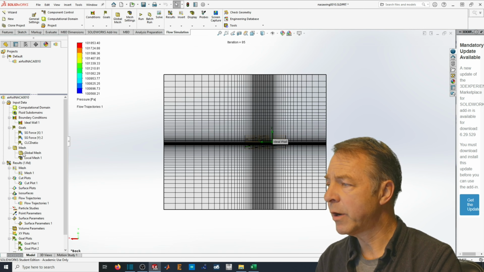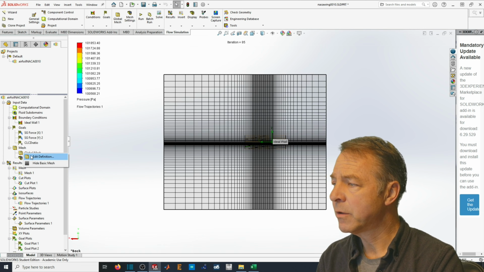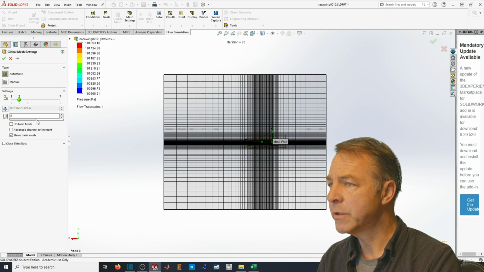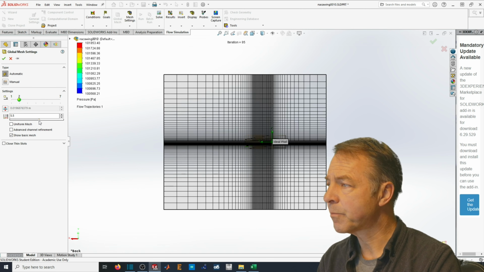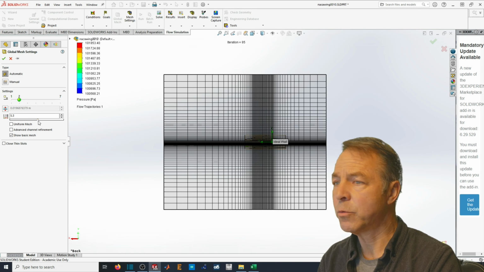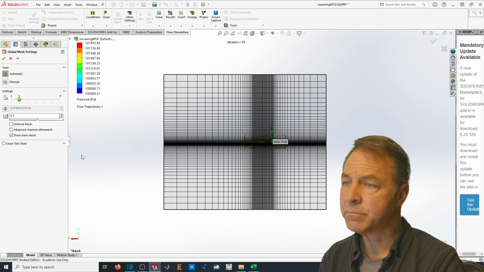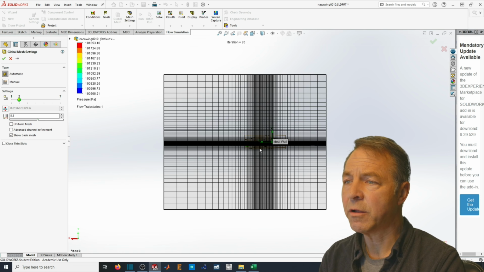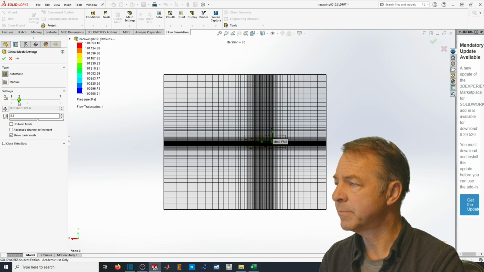But before I go on, I might go in and edit the inflation rate. So this will make the grid points farther away much larger, much coarser, but there's not much going on, we hope, out here. All the action is in close to the wing.